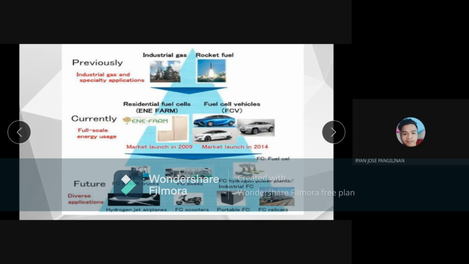Then the future diverse applications may include forklift trucks, buses, power plants, airplanes, scooters, and rail cars.